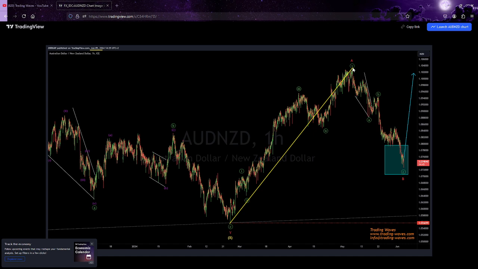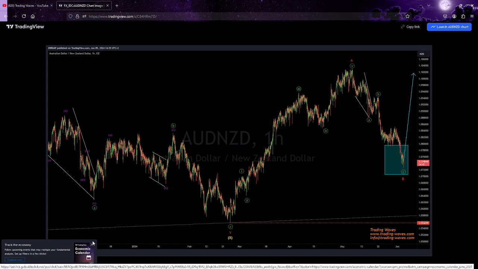Then we saw a 3 wave move structure here, in a blue box, and we told our members that this is ready for a move to the upside. We have been looking at about a 450 to 500 pip move to the upside on Audi New Zealand. So as I go through the chart, bear in mind how we forecasted it, and this is what we shared with our members on the 5th of June.